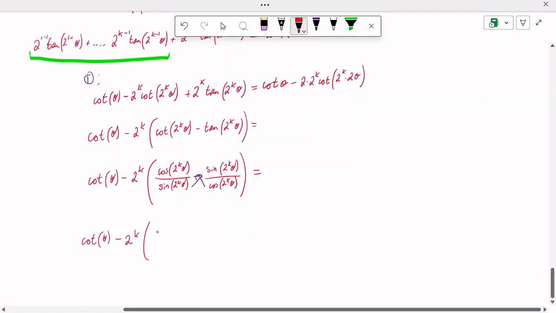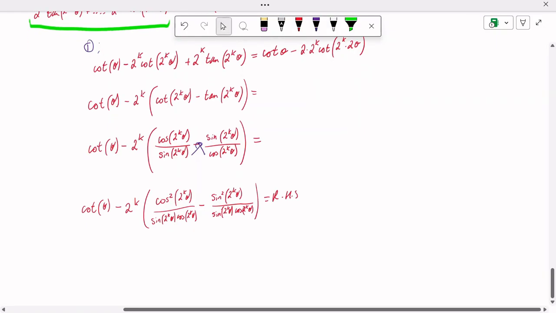I'm going to have a cos squared of 2 to the k theta over sine of 2 to the k theta times cos of 2 to the k theta, take away a sine squared of 2 to the k theta on the same denominator now. All of that still equals my right hand side.